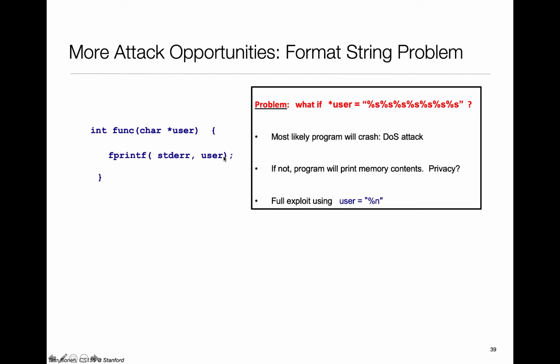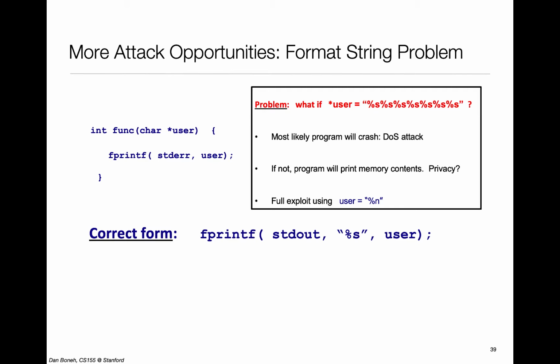Normally when you pass a format string, you would expect an argument after the format string. Most likely this will cause the program to crash, which is in itself a form of denial of service. But if no critical component of the code is overridden, then you could actually print memory contents. And this could lead to privacy issues.